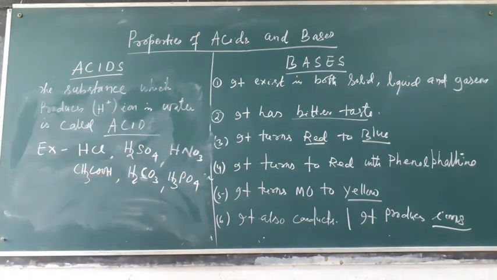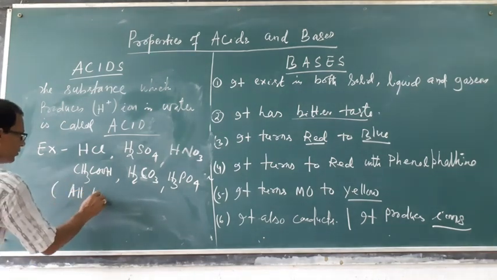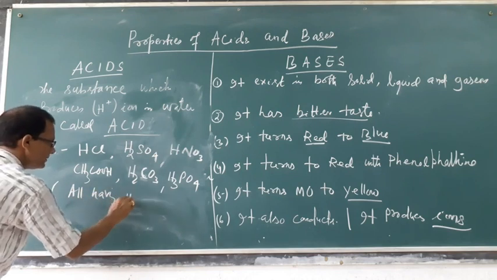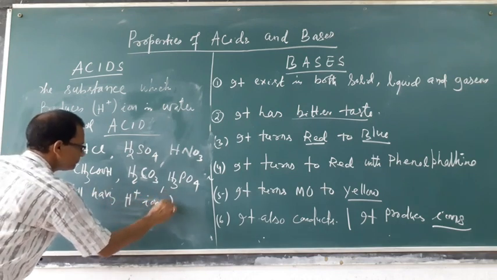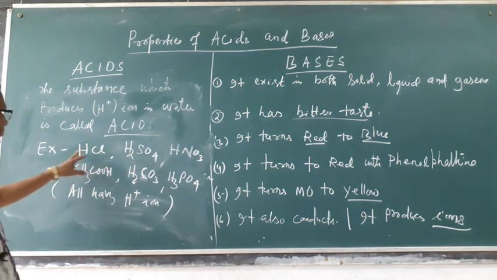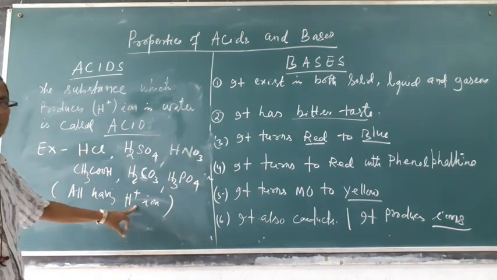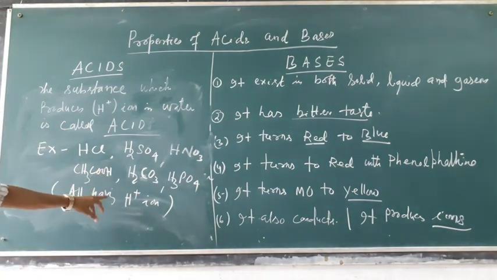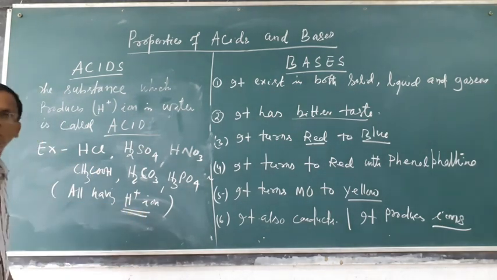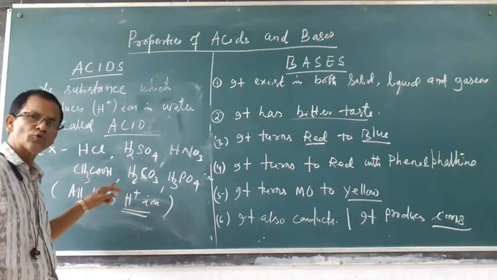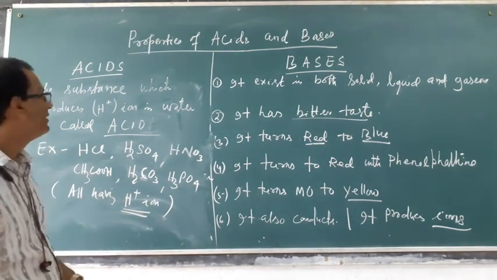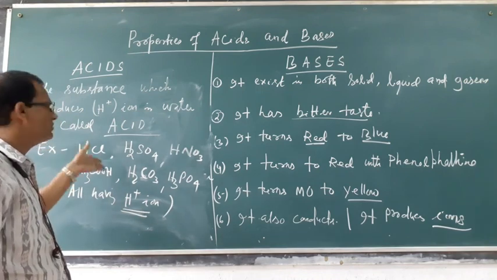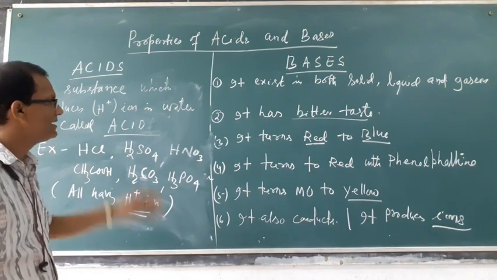These are the common example acids, all having H plus ion in the formula. They produce H plus ion in water. That's why these are called acids. Due to the availability of H plus ion in all acids, they show common properties, like the common properties of acids discussed above.